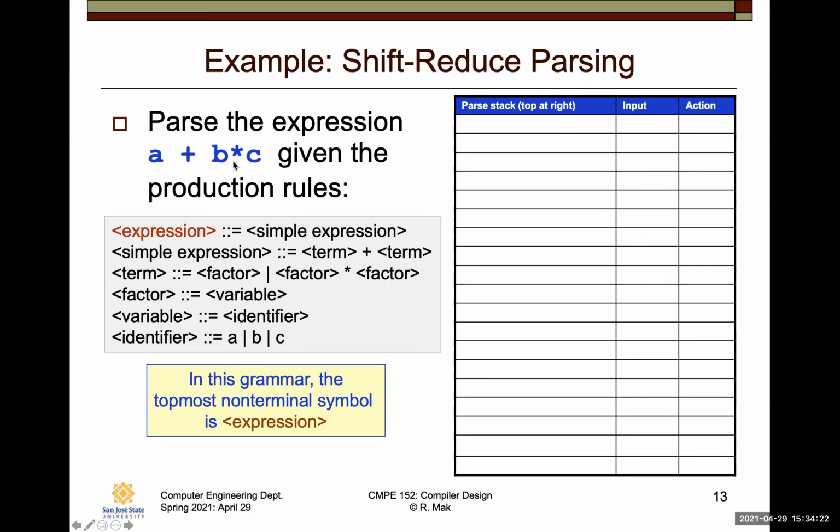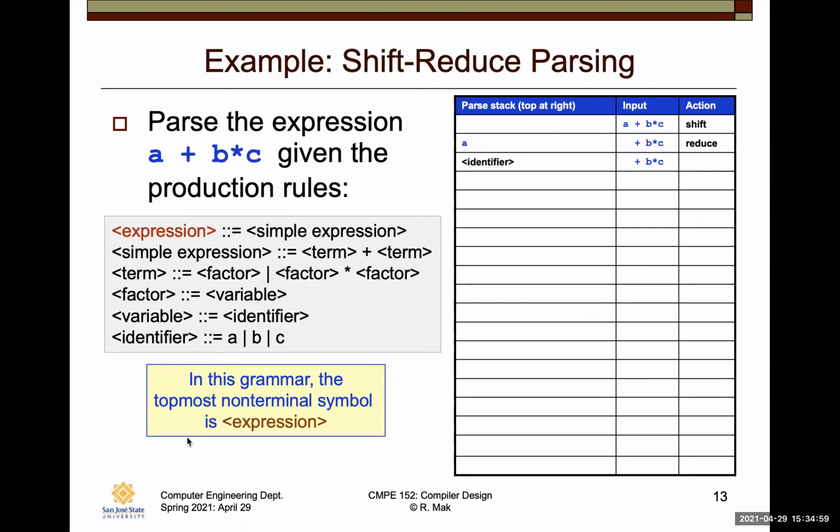Here's a little table that keeps track of everything. In the first column will be the current state of the parse stack, where the top of the stack is at the right end. So here's the input. The first thing we do is a shift. Now A is sitting on top of the parse stack. Next, A matches the right-hand side of a rule, so we do a reduction.